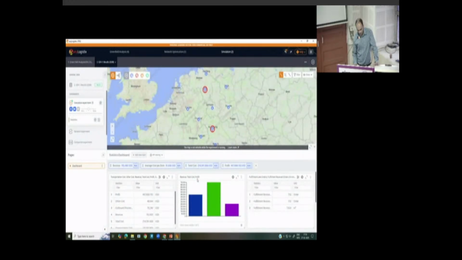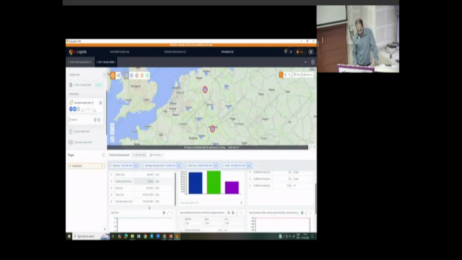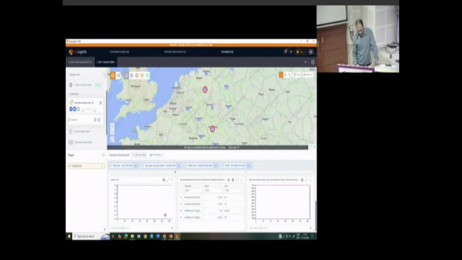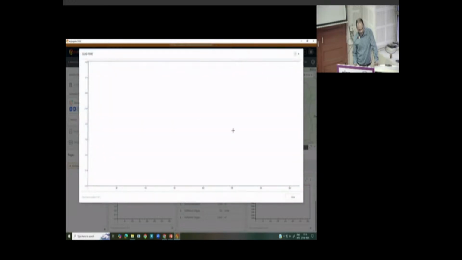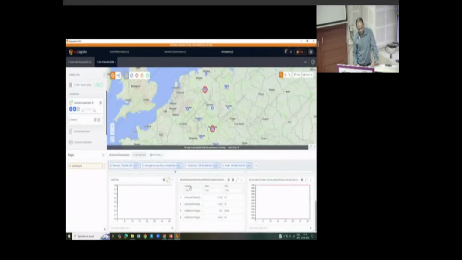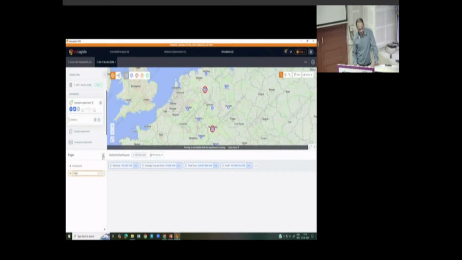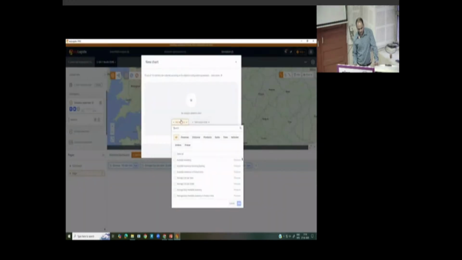Okay. So you can see profit, total cost, revenue, everything. Now, if you look at the lead time, how much is it? 0.8 days. Suppose I want to add any new table. How do I do that? Go to these pages, select new page, go to add new chart, add statistics.